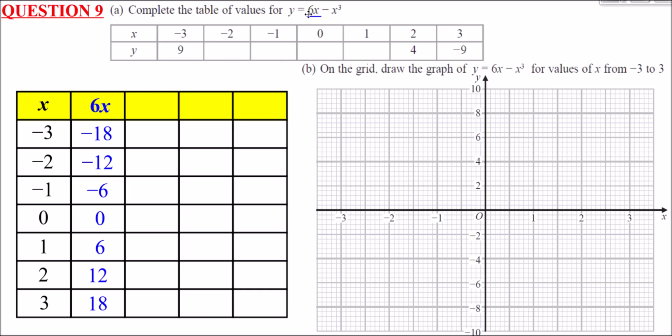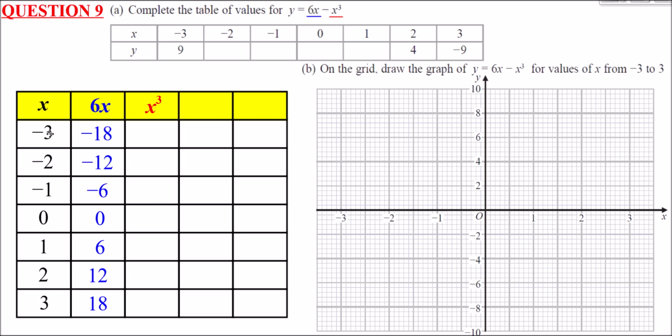The next thing, I'm not going to consider this minus sign here first. I'm just going to consider the x cubed part. So the next component, now we've got our 6x component, let's think about the x cubed component of this equation for y. So x cubed means whatever x is, we take its value, multiply it by itself once, and then multiply it by itself a third time.